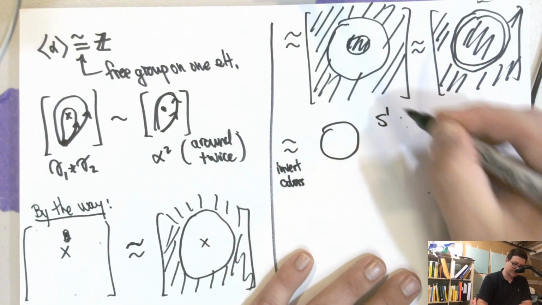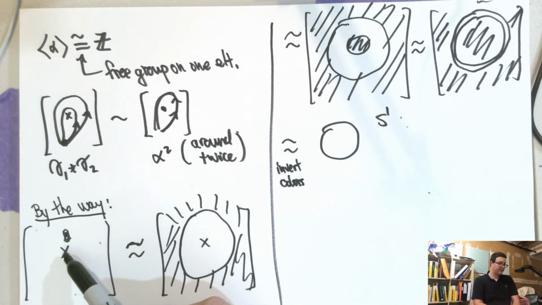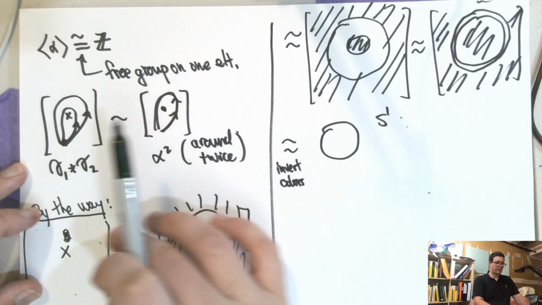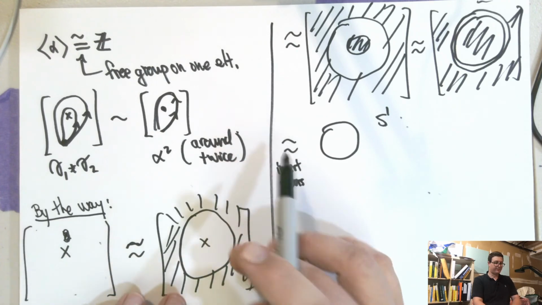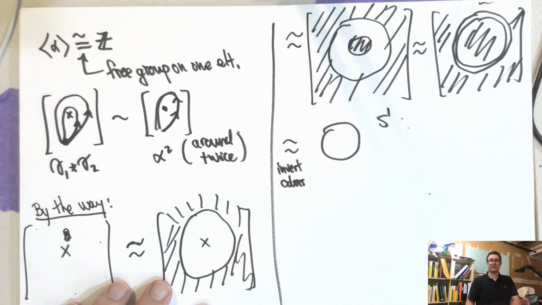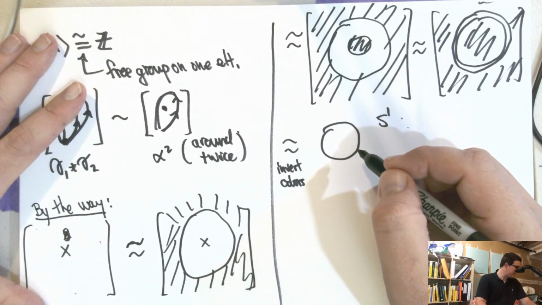Sometimes we call the circle S1. So this is the circle. If I really puncture this, it's deformation equivalent to the circle. So sometimes we say that these two things have the same homotopy type.